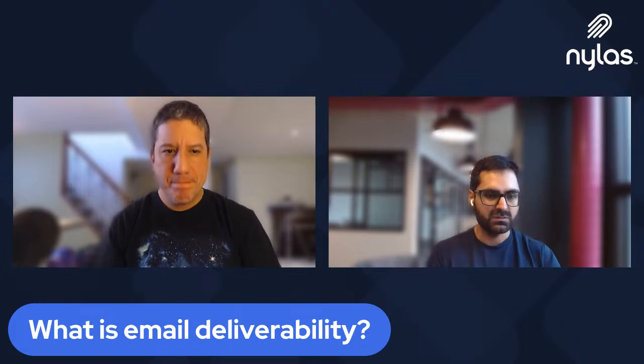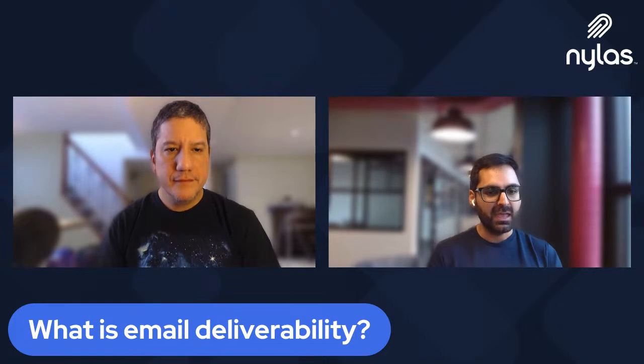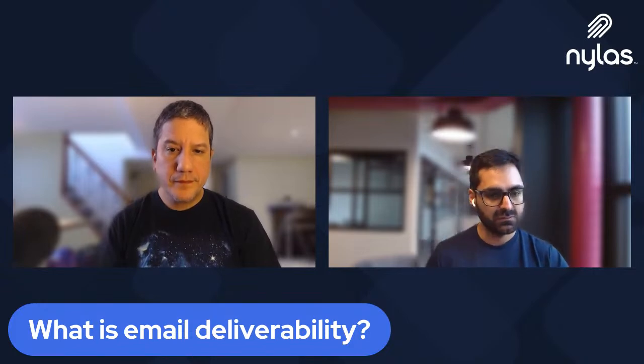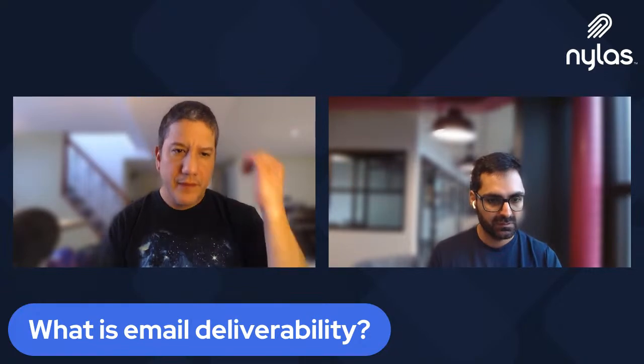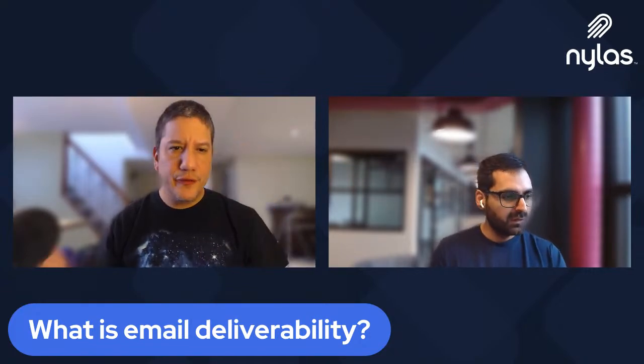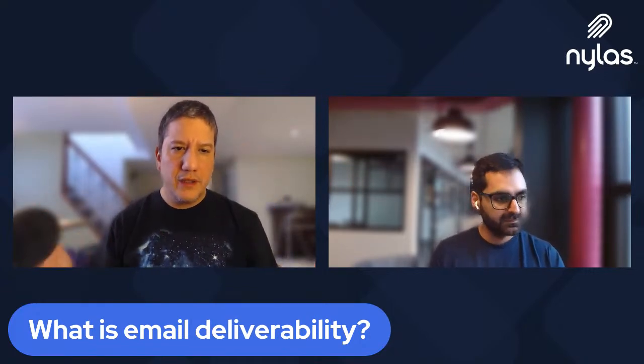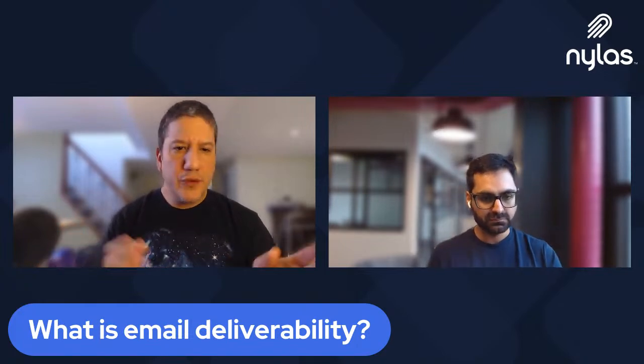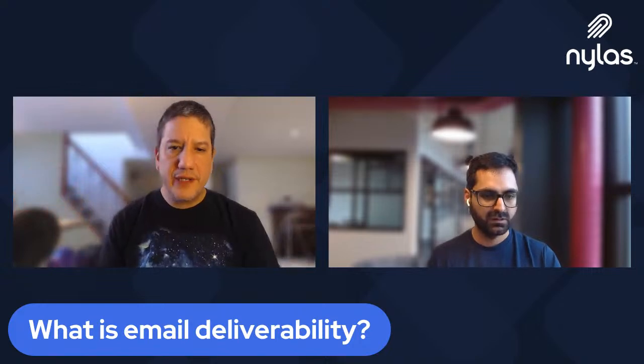So if you think about it, you send an email, it goes through multiple networks, and then it reaches your user's inbox. And that's what email deliverability is. It's a measure of how much or what percentage of your emails actually reach your users. Yeah, because sometimes they can land in spam or they can go somewhere else, or there's a glitch in the network, so it was actually never sent out, right?